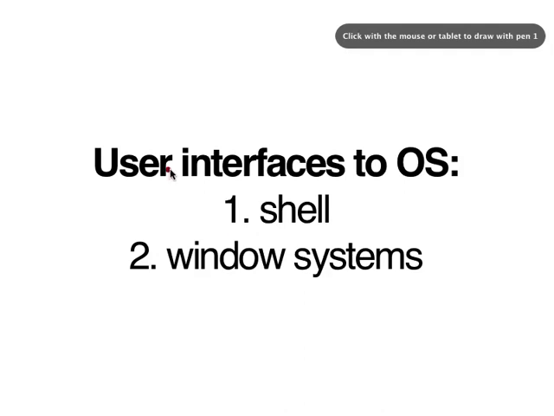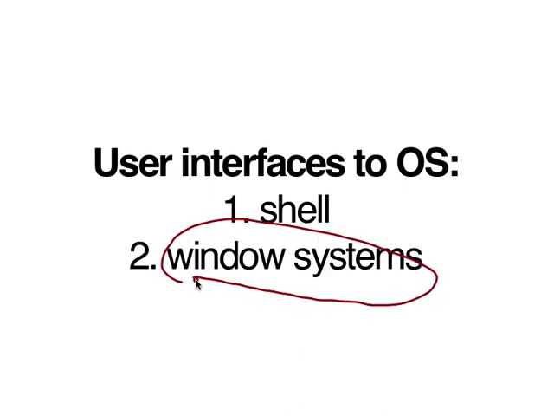The first one that I think most of you are familiar with is a windowing system. So you have windows, you can open window, close window, maximize, I think you know all of that stuff. A shell is something that I believe most of you are less familiar with. Some of you might know how to use this, but most of you are more comfortable with using a windowing system.